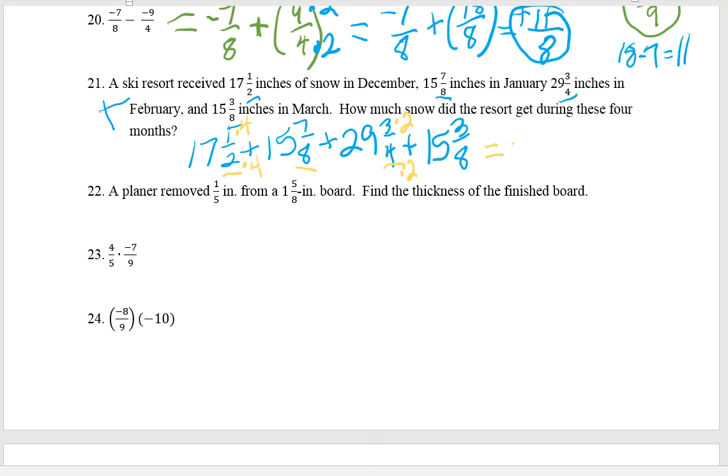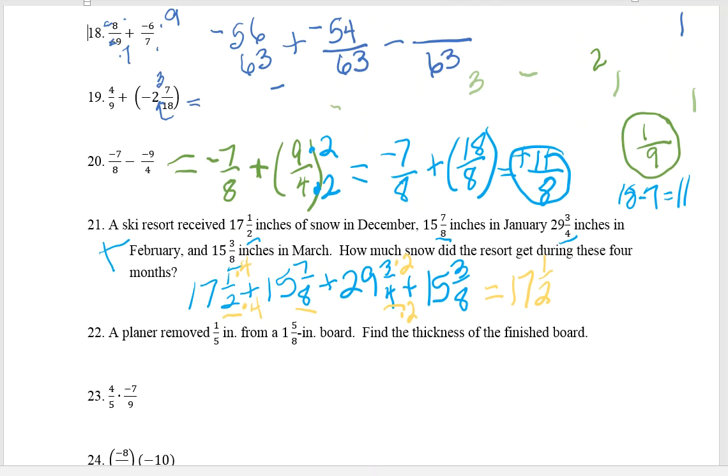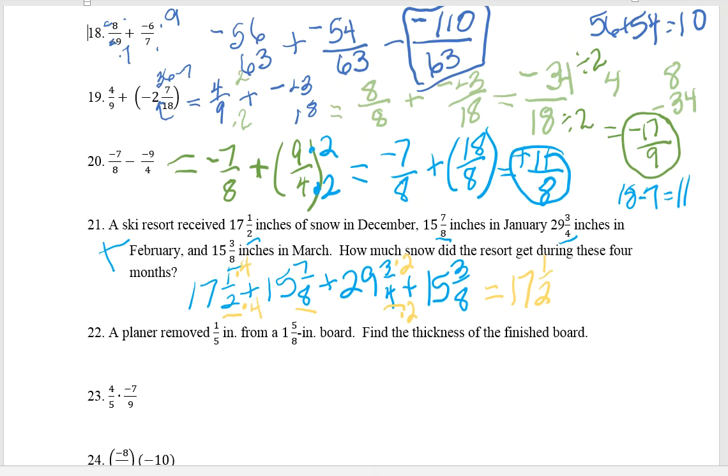So let's rewrite these. So I have 17, oops, I messed that one up. Let's get rid of that. Forgot to write the multiplied part. 1 times 4 is 4.